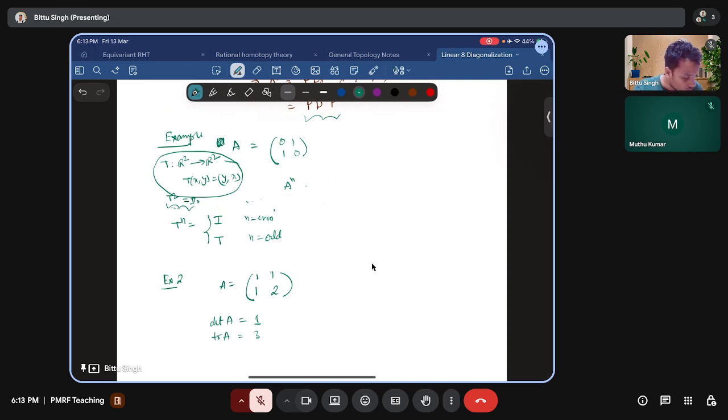So the product of the eigenvalues, instead of making determinant 1, let us change slightly.